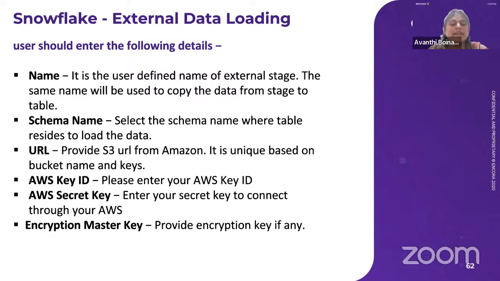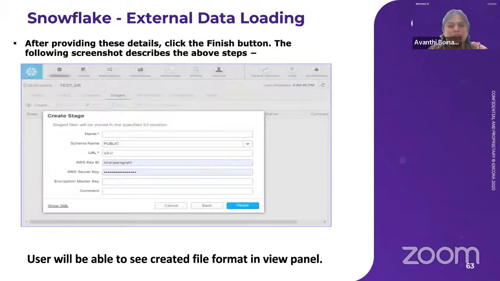AWS key ID should be given, so please enter your AWS key ID. The secret key is also provided to connect through AWS. The encryption master key should be provided. These details are all mandatory. After providing them, click the Finish button. The following screenshot describes everything. The user will be able to see the created file format in the view panel.